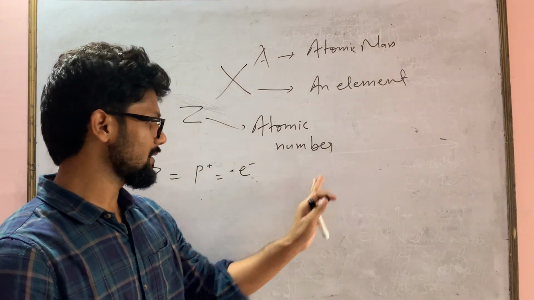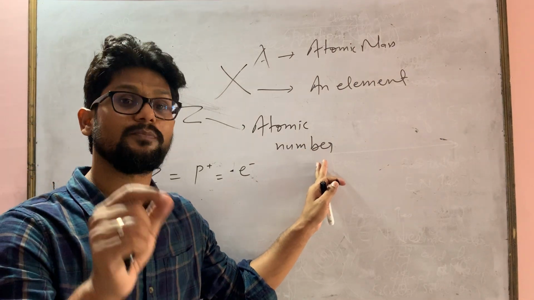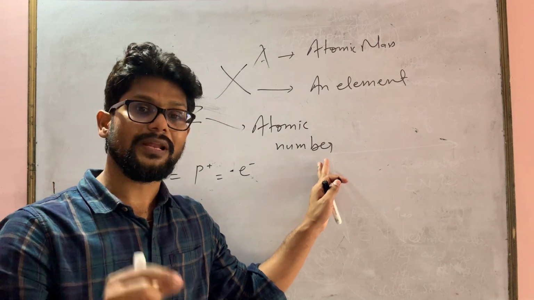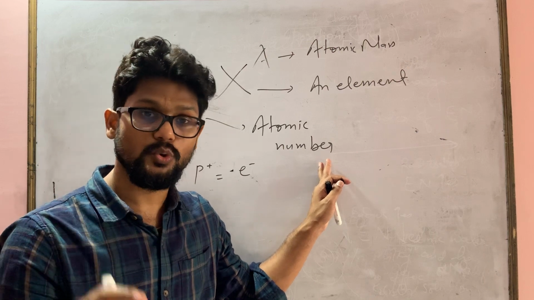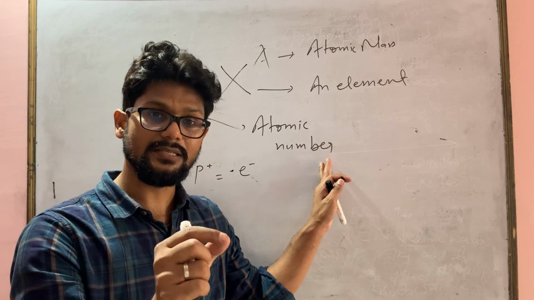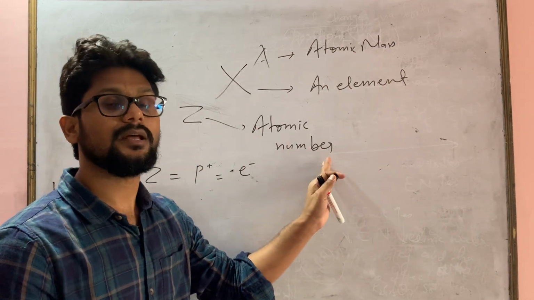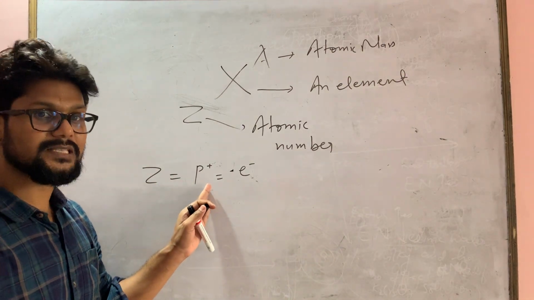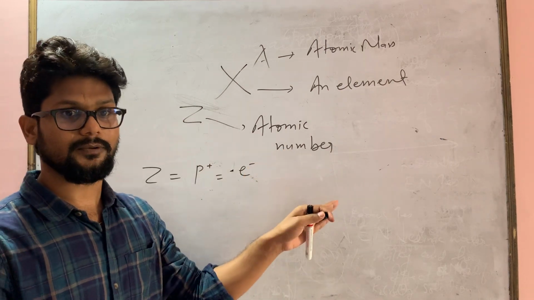Definition of atomic number: atomic number is defined as the total number of protons present in the center of an atom, that is the nucleus. That is called atomic number. In short, you can write atomic number is equal to P plus, proton, which is also equal to E minus, meaning electron.